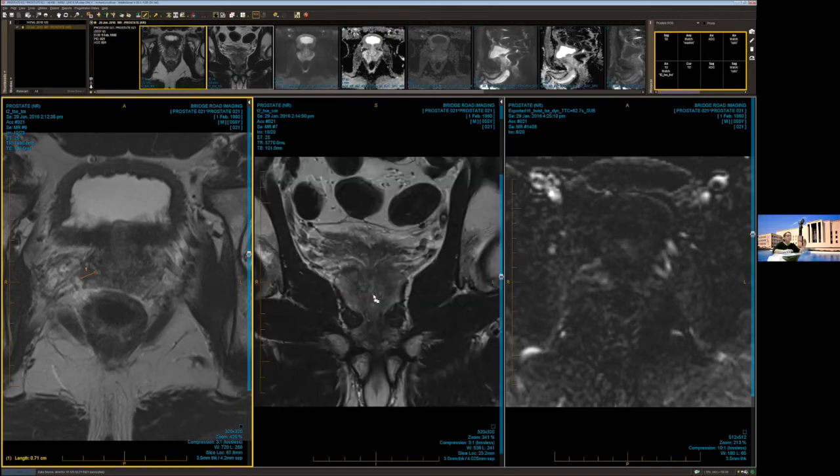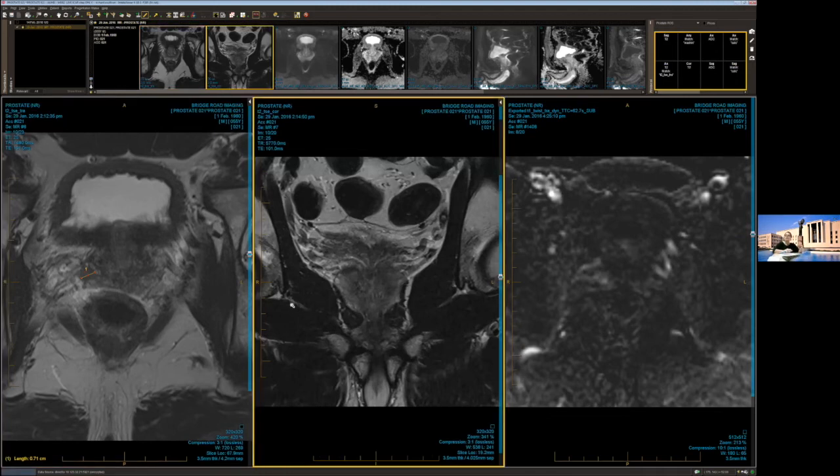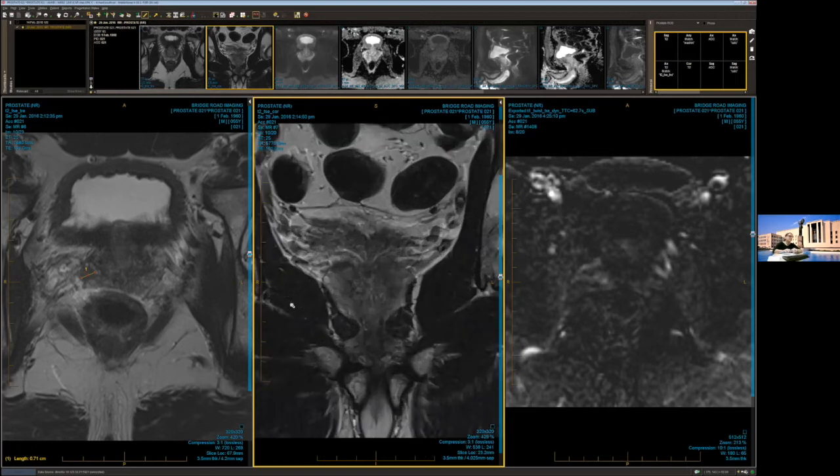The lesion is 1-2 millimeters in diameter. The majority of the hypointensity and restriction is diffuse and consistent with inflammatory changes.